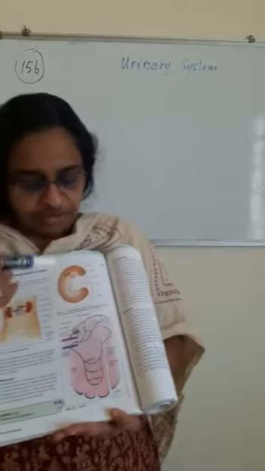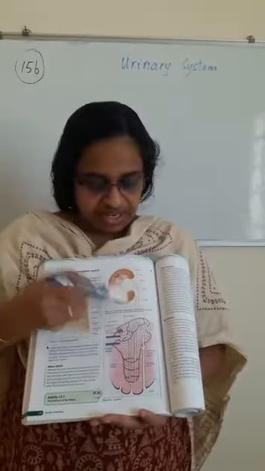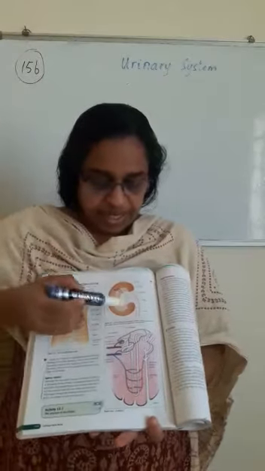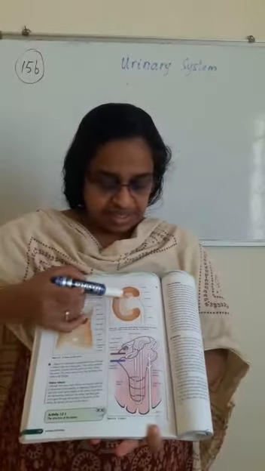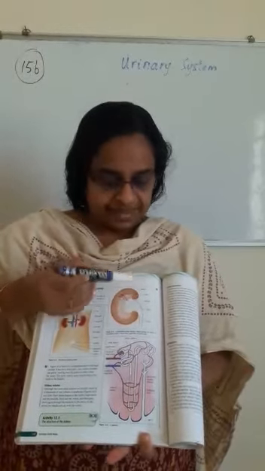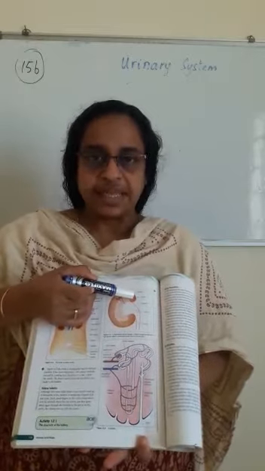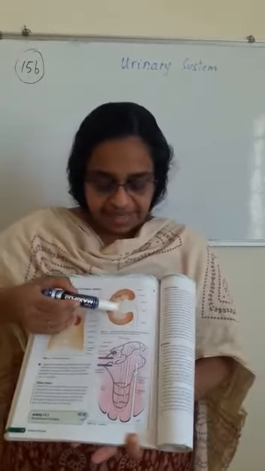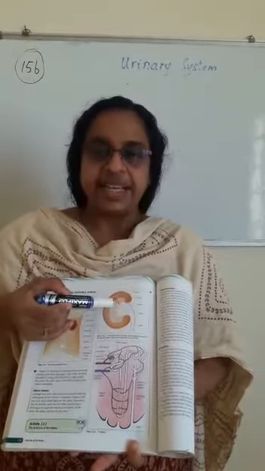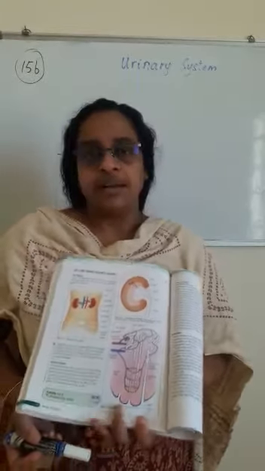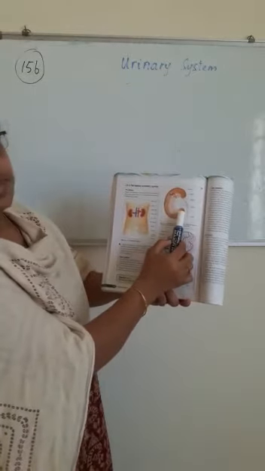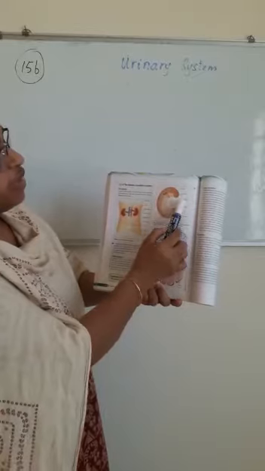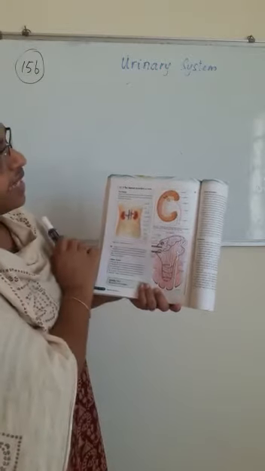Now, if you take the structure of one kidney, you can see here, the kidney has a dark colored outer structure that is known as the cortex. And then the inner side is lightly colored, it is known as the medulla. So the cortex is the outer structure, which is darkly colored, and the medulla is the inner structure which is lightly colored.